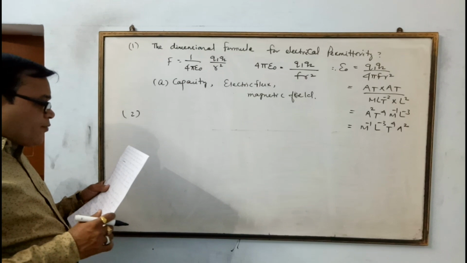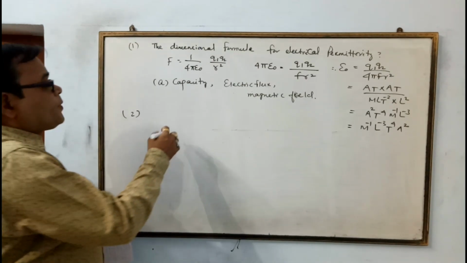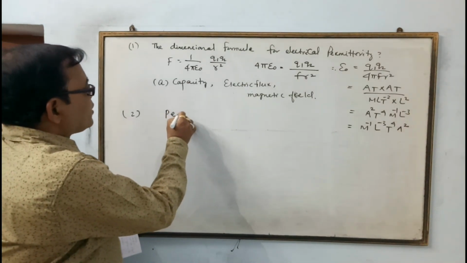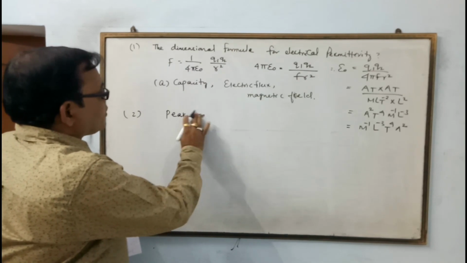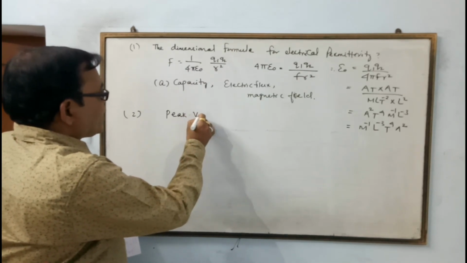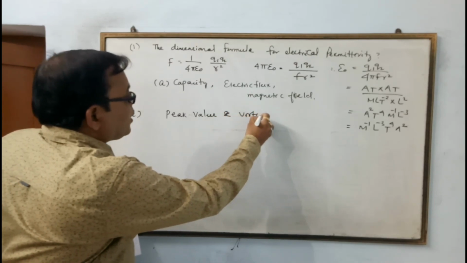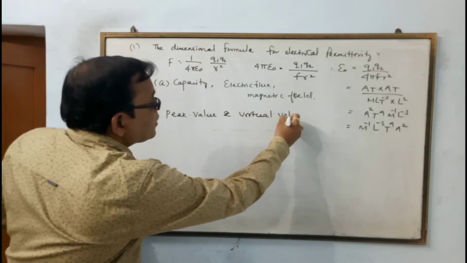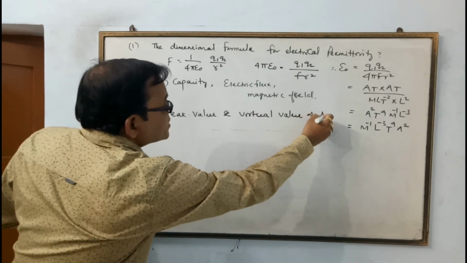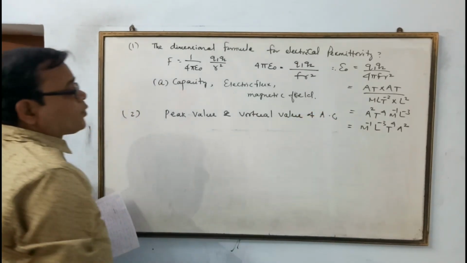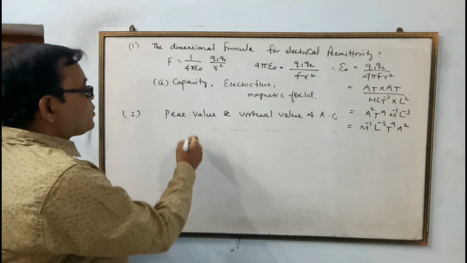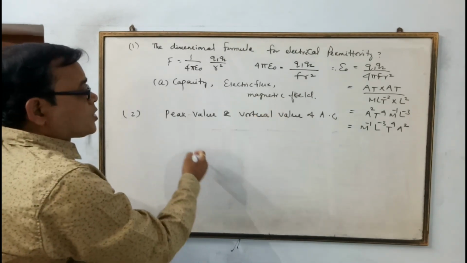the relationship between the peak value and virtual value of AC, and the numericals related to it. Sometimes the peak value is given, then find out the virtual value.